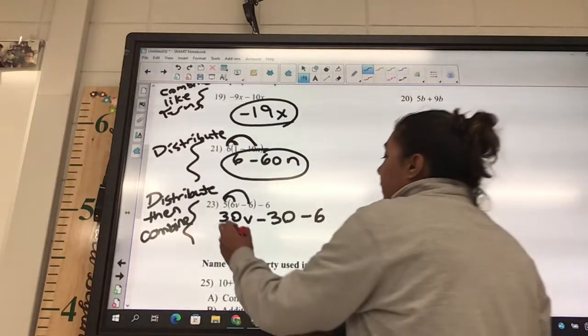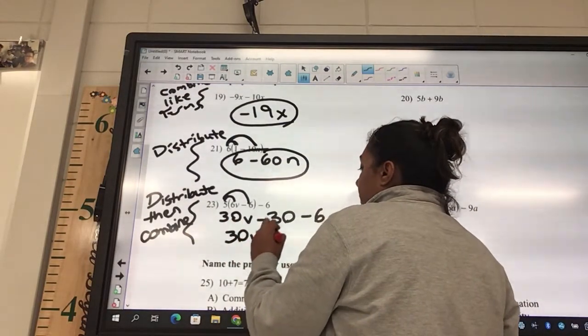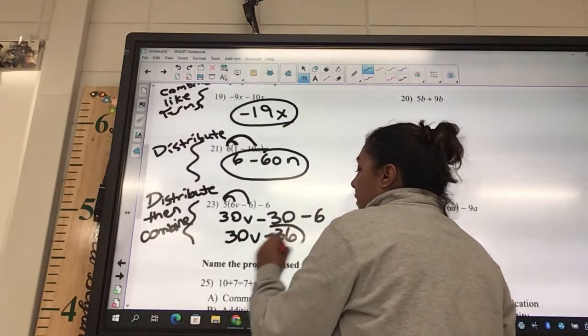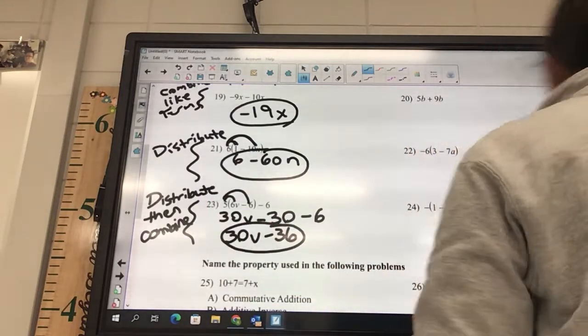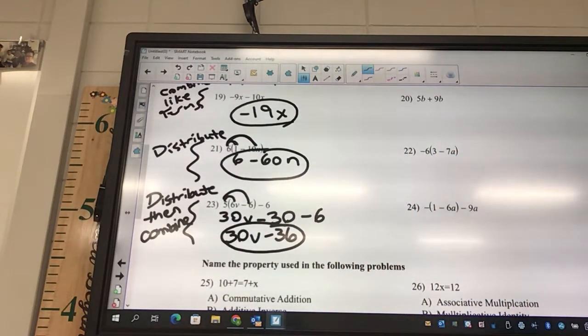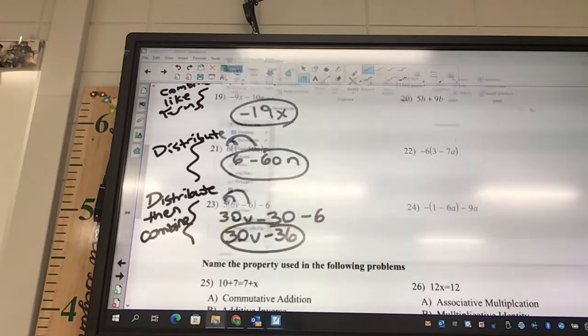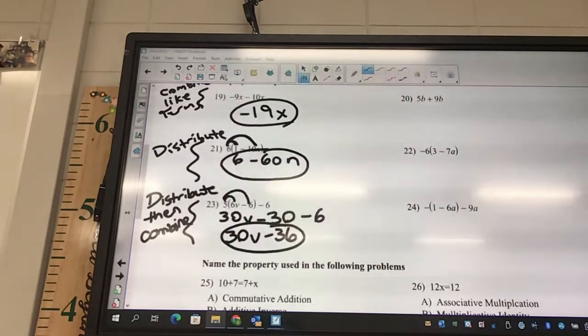And then I got 30V minus 36. Give me just a second so I make sure that I do this right because I suck at it.